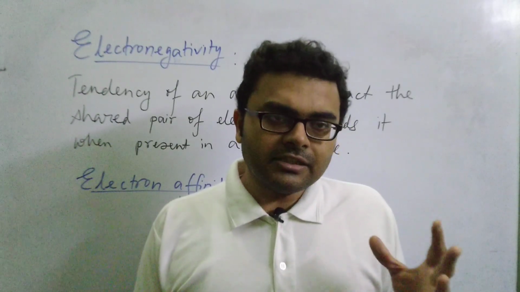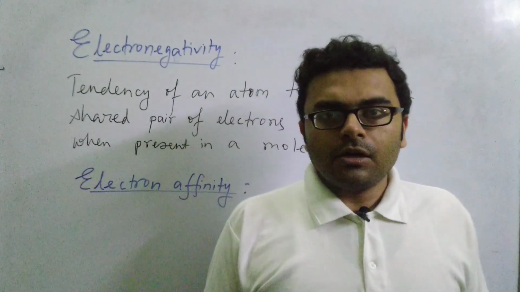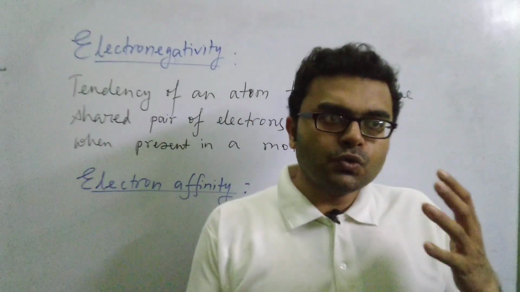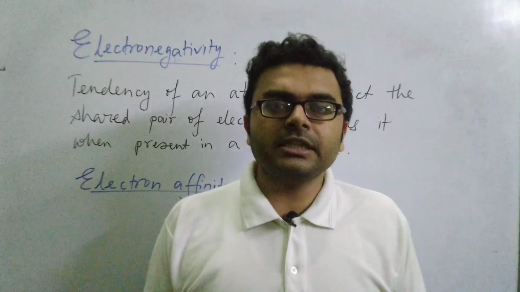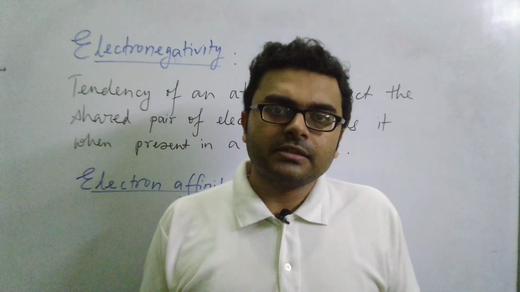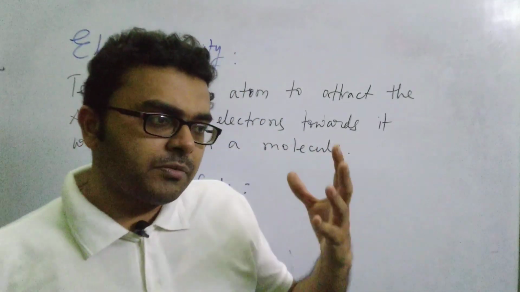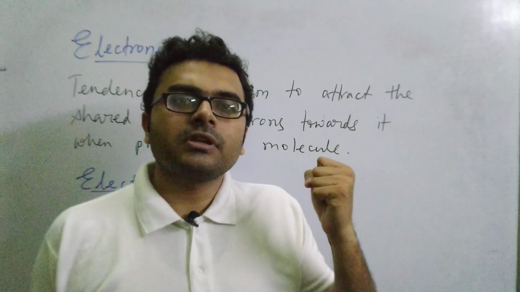This energy is released by the atom in the neutral state to convert itself into an ion. How is it forming an ion? By accepting an electron. This tendency of accepting the electron, this tendency of releasing energy while accepting the electron, can be regarded as electron affinity.